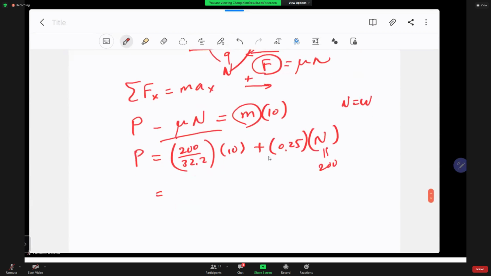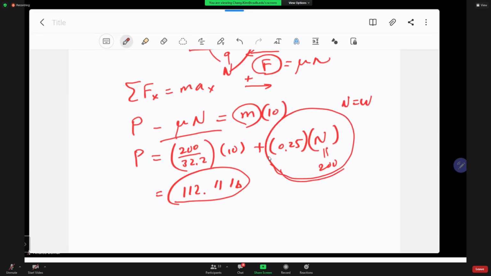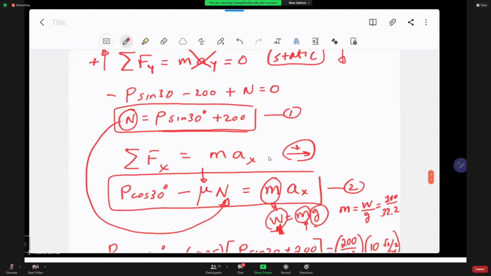So let's see. So I need about 112, 11 pound needed to push that around. Okay. So, this guy is fairly responsible for that. But anyway, so the 112.